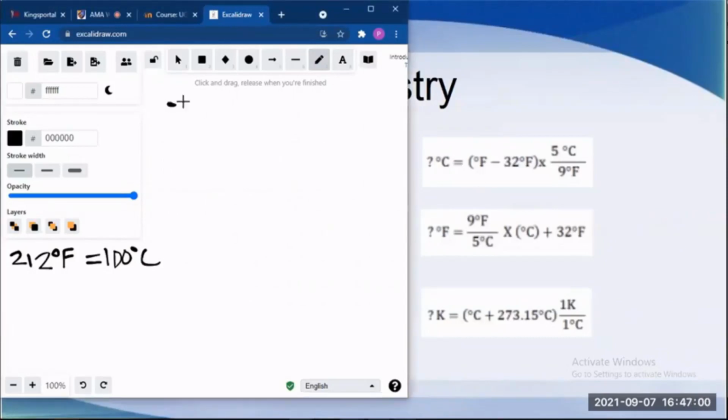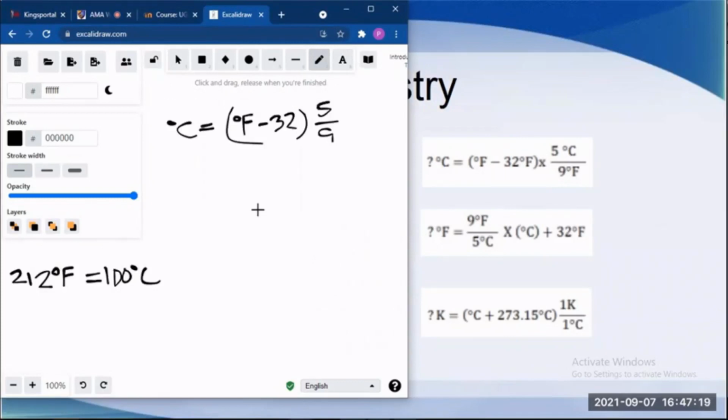So degrees Celsius is equal to the value in degree Fahrenheit minus 32, times 5 over 9.